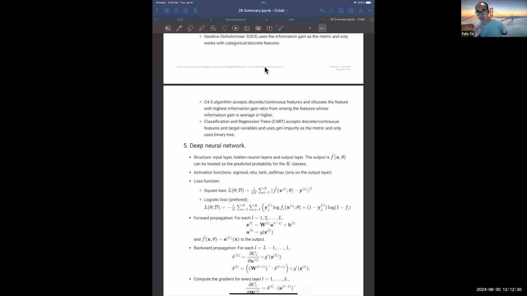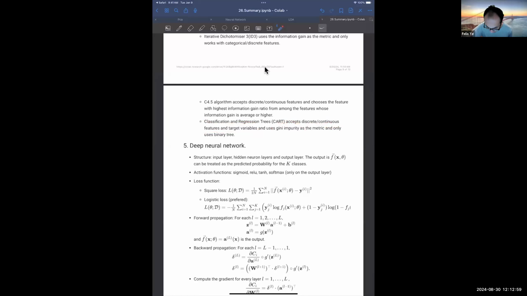So you just choose the best features strategically. The last one, CART, can work with discrete and continuous, for both the features and the target. Basically, this is the most generalized version of the algorithm. Instead of using information gain, it uses something called Gini impurity as a metric.